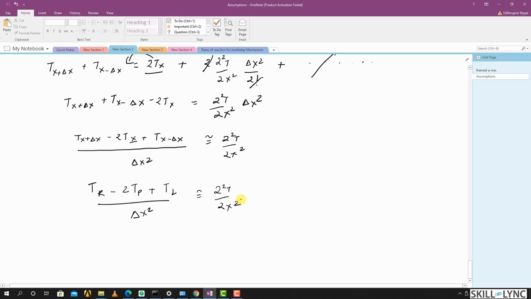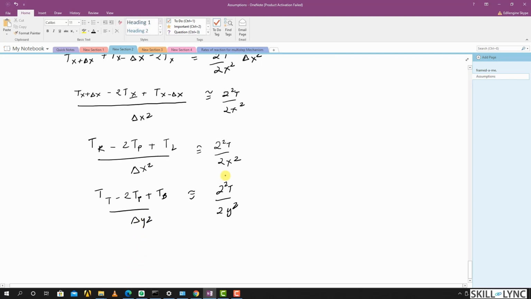Now you can use the same concept to derive d²T/dy², and the result is going to be T top minus 2 Tp plus T bottom by Δy squared. Right? If we add this, we get our original differential equation, right?